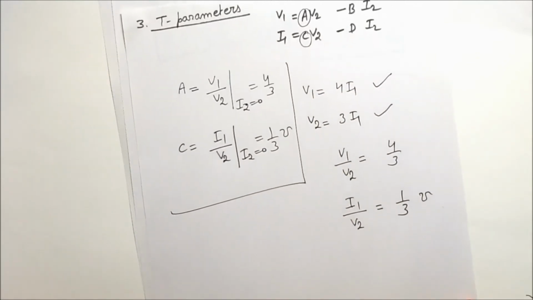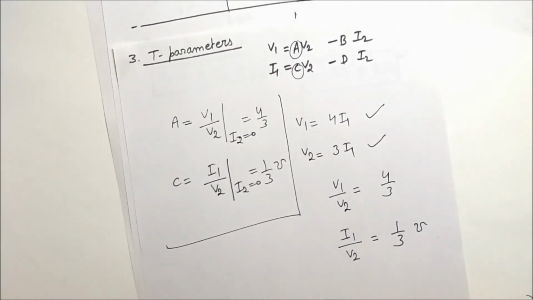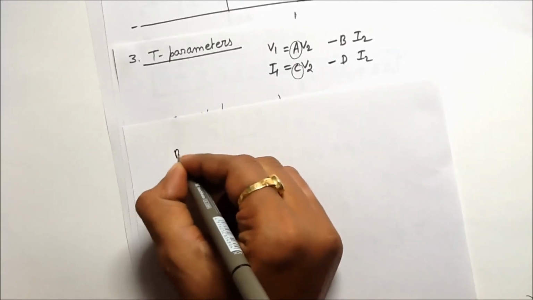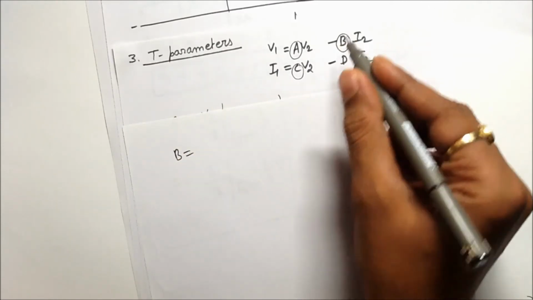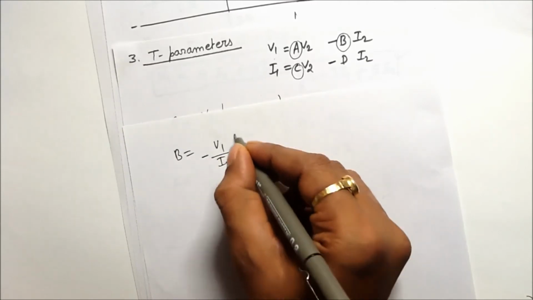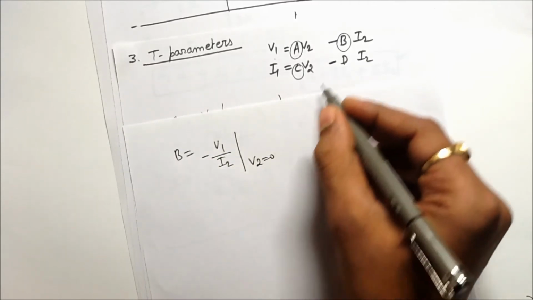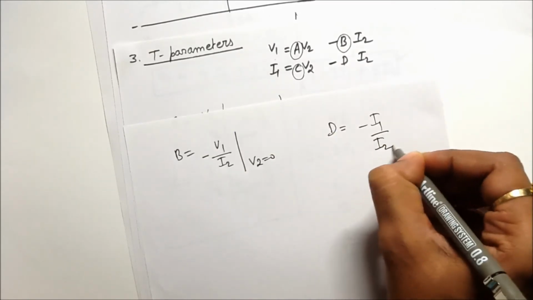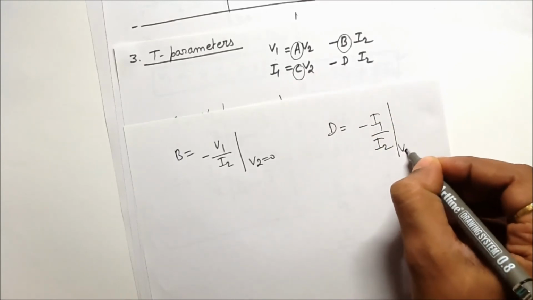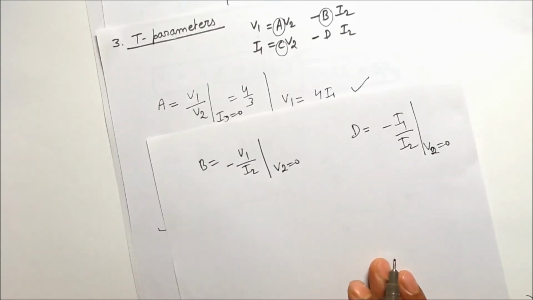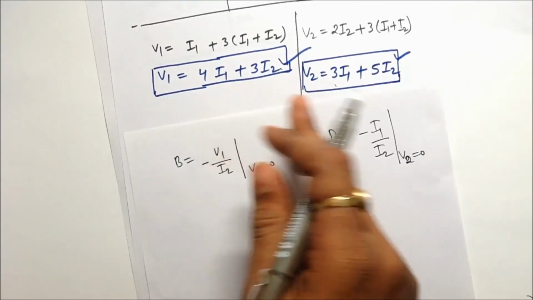Now let us find out the value of B and D. B will be defined in this way. B equals V1 upon minus I2 when V2 equals 0, and D will be defined in this way, minus I1 upon I2 when V2 equals 0. So you have to put V2 equals 0 in these two equations.